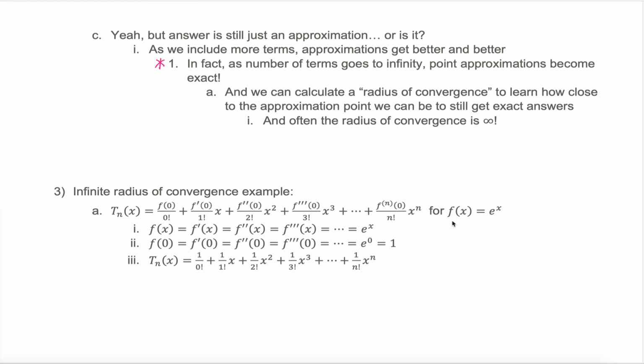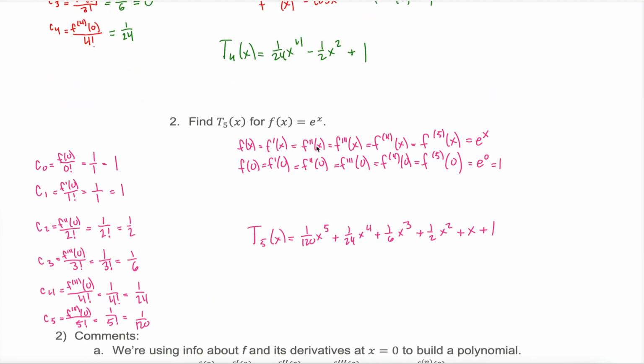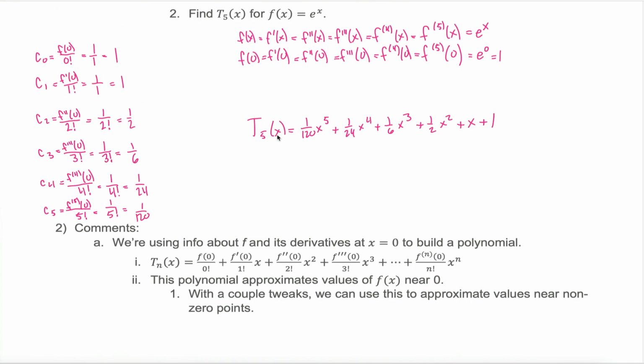What I'm talking about is, for this function f of x equals e to the x power, what we did is we came up with a fifth degree polynomial, I guess it is, that approximates e to the x power. And to come up with that polynomial, we needed these various coefficients, but there's no reason we'd have to stop here. We have this very clearly defined pattern for all of the different coefficients. So we know what the coefficients on any term in a polynomial would look like.